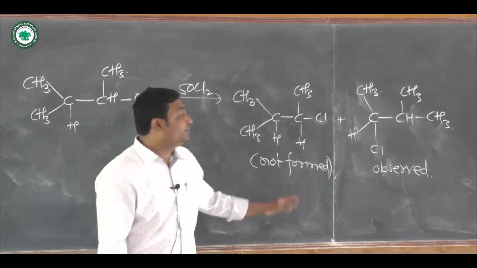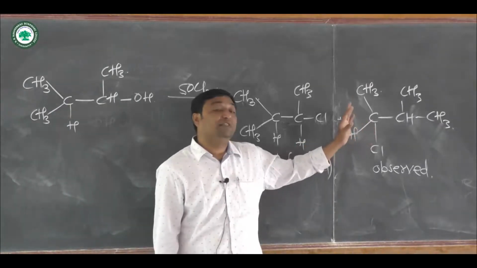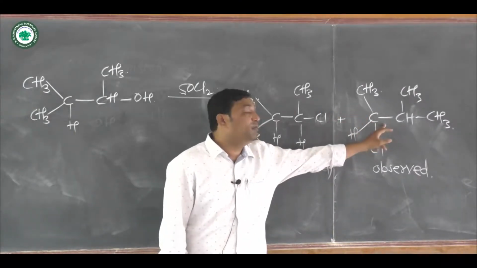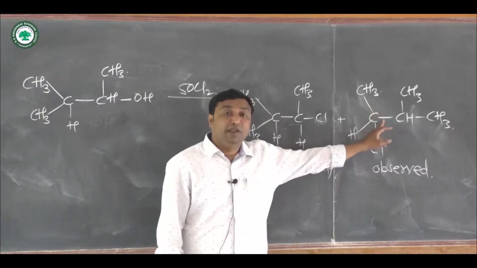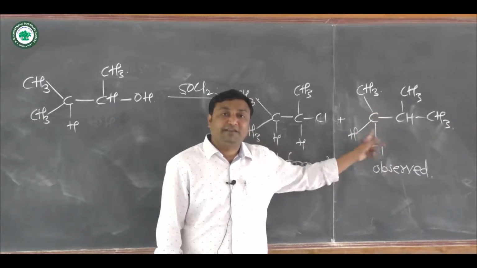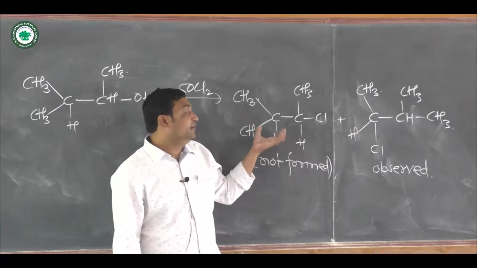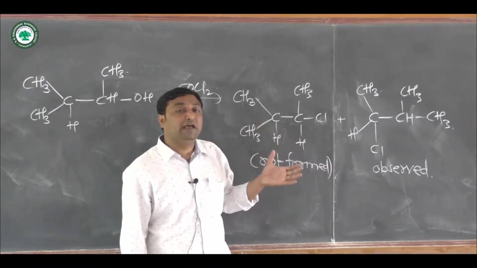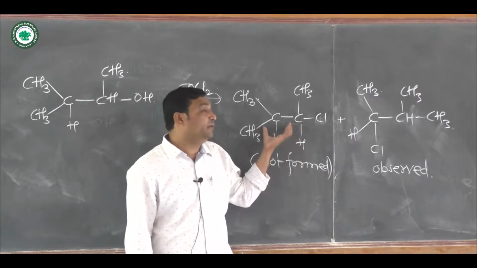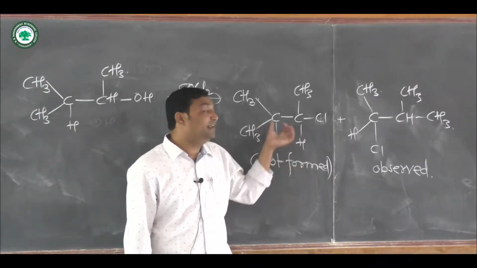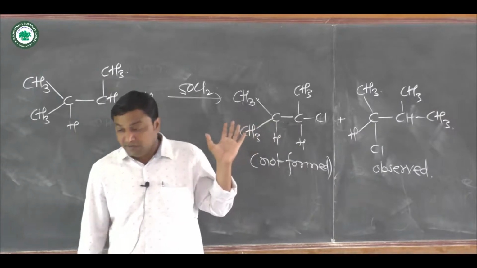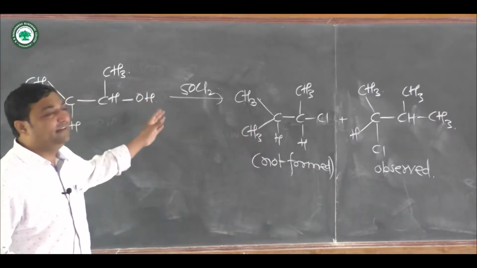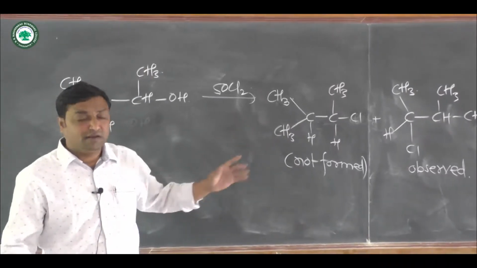That's why, due to the formation of the tertiary carbocation, this molecule is observed as a product, whereas due to the less stable secondary carbocation, that molecule cannot be formed. This is all about the intimate ion pair mechanism.